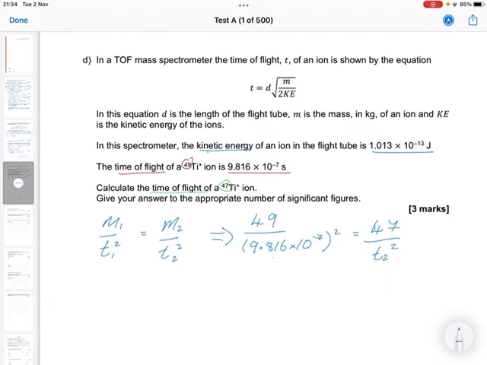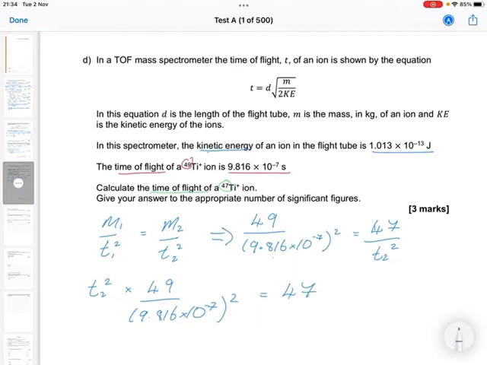So if I multiply both sides by t2 squared, I get t2 squared times 49 over 9.816 times 10 to the minus 7 squared equals 47.